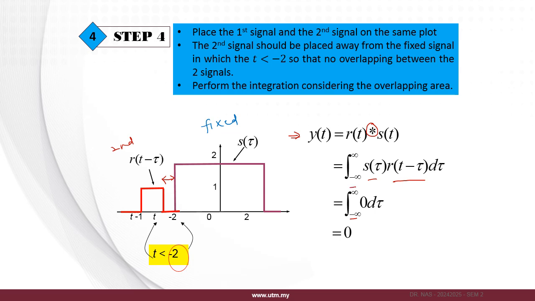So when there's no overlapping, the amplitude or the area that overlaps is 0. So when you integrate 0, you get 0. Basically, when there's no overlapping, the integration will produce 0.